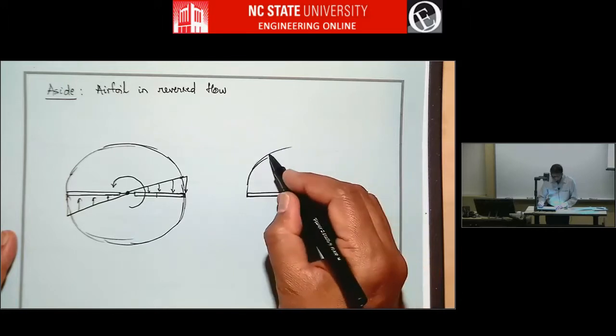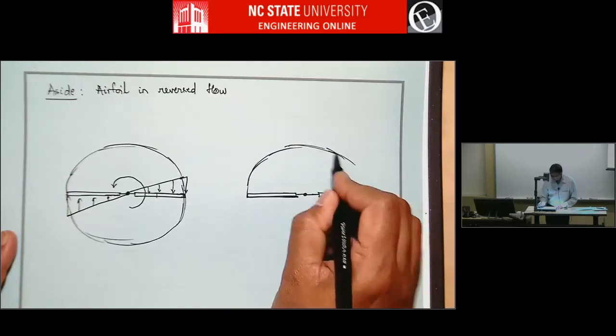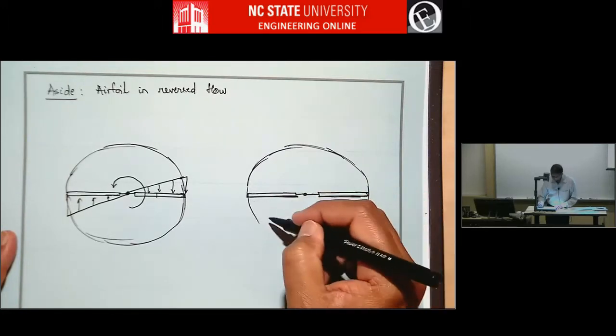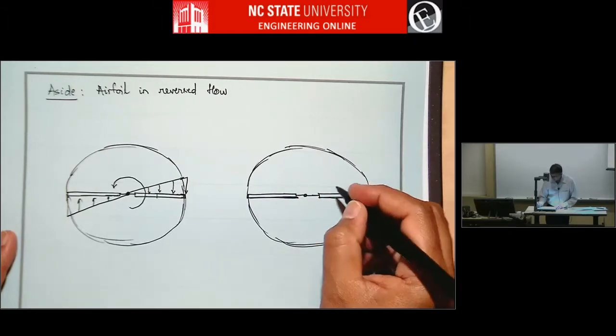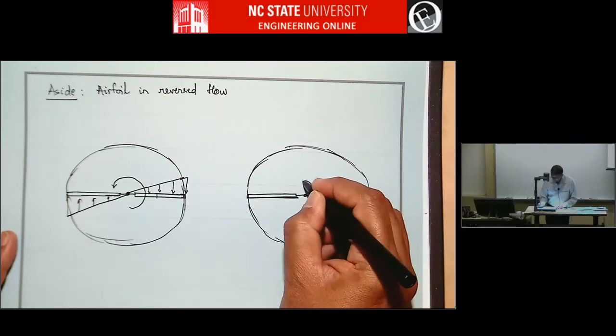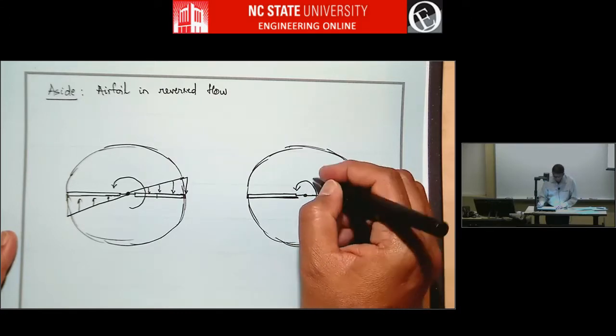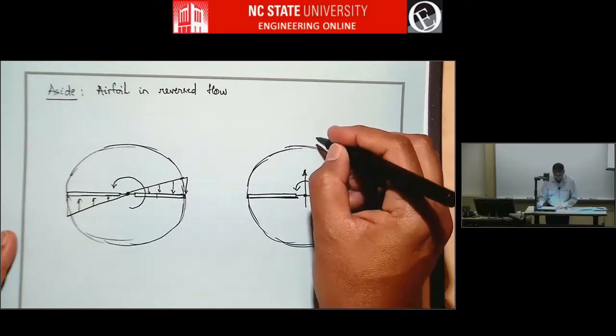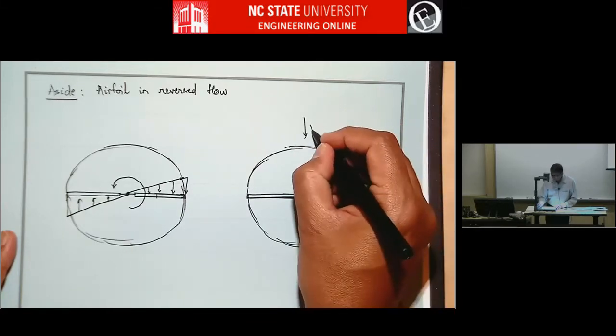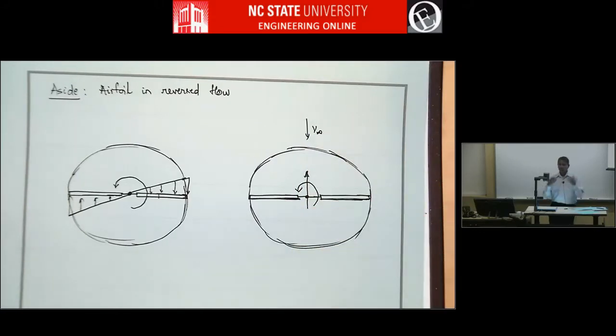So this helicopter blade is rotating. Right, so it's rotating like this, and the helicopter is moving in this direction. So if you want to think about it, this is V infinity, this is the free stream, this is the relative velocity of the air due to the motion of the helicopter moving forward.